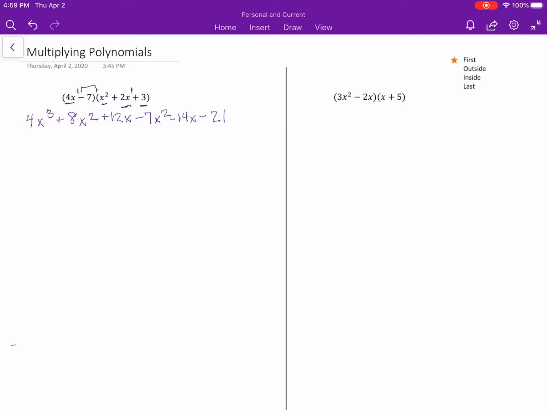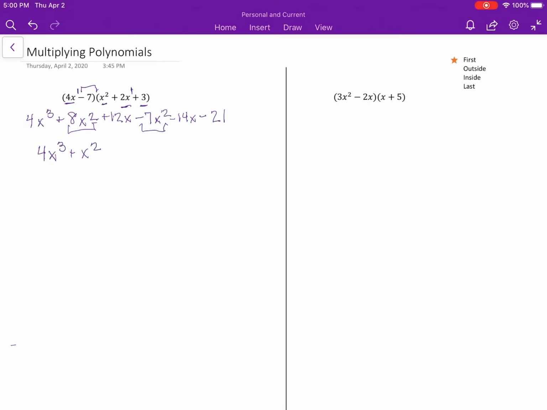Now I'm not quite done yet because I have to now combine all my like terms. I only have one term with an x to the third, so I just copy that down. Now I have 8x squared minus 7x squared. That leaves me with just 1, and it's positive.